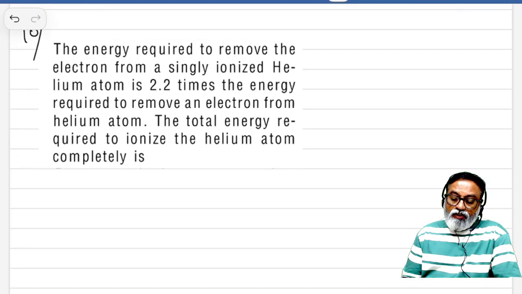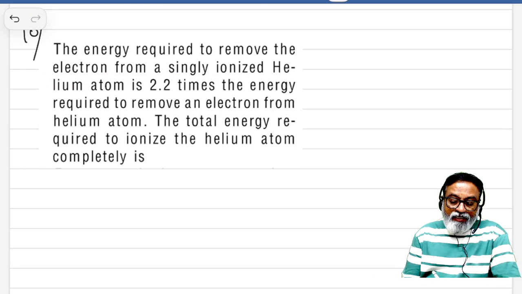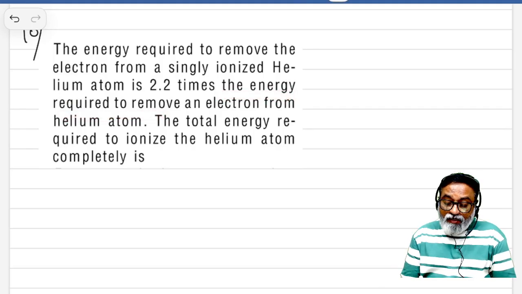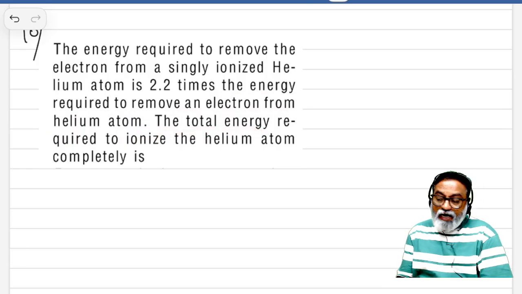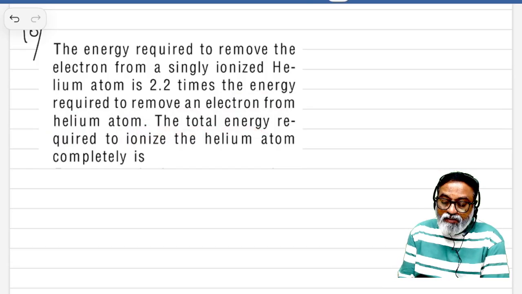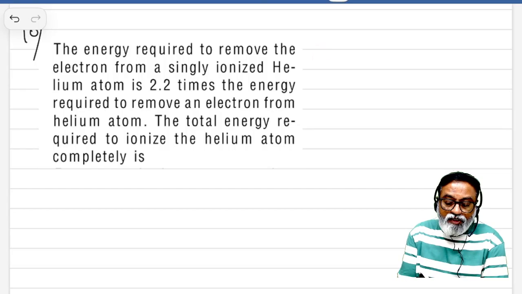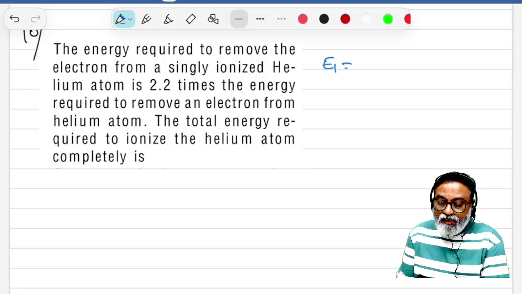The energy required to remove the electron from a singly ionized helium atom is 2.2 times the energy required to remove an electron from a helium atom. Find the total energy required to ionize the helium atom completely. See, when the first electron is removed, the energy required E1 is equal to 13.6 Z square by n square.